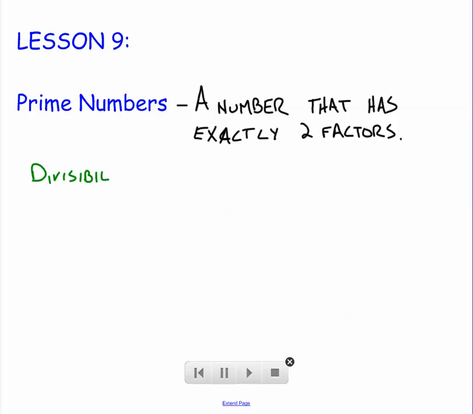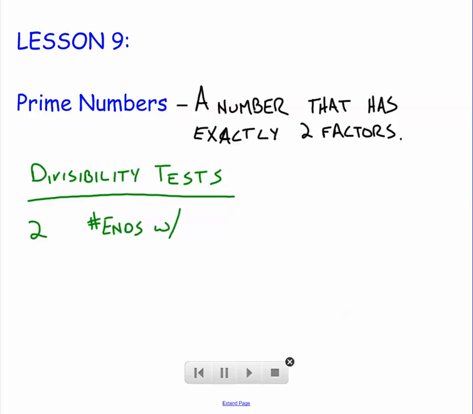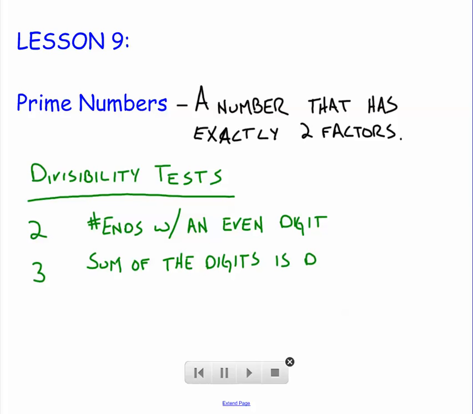So let's go through some divisibility tests. Obviously if a number is divisible by 2, then that number ends with an even digit. If a number is divisible by 3, then the sum of the digits is divisible by 3.